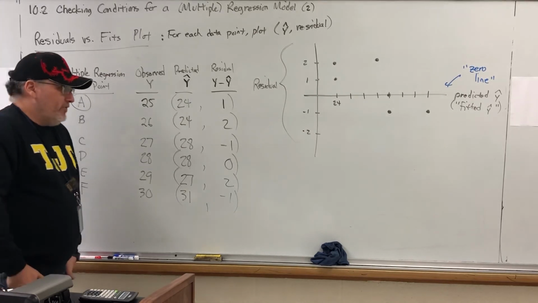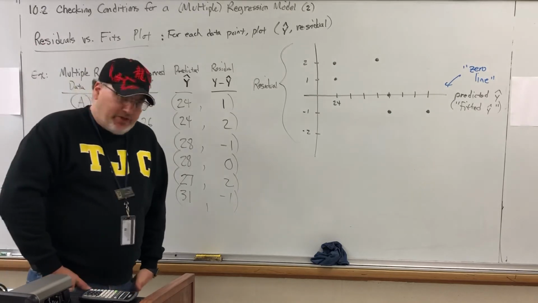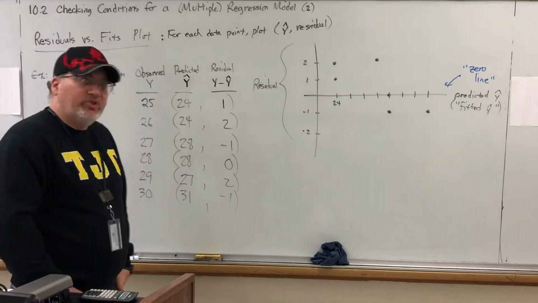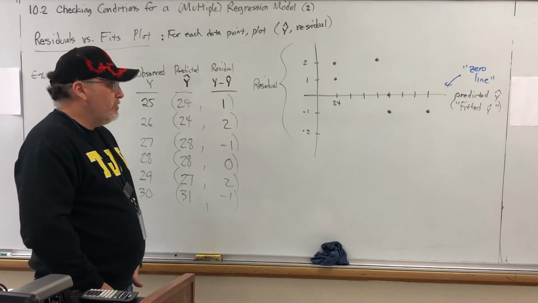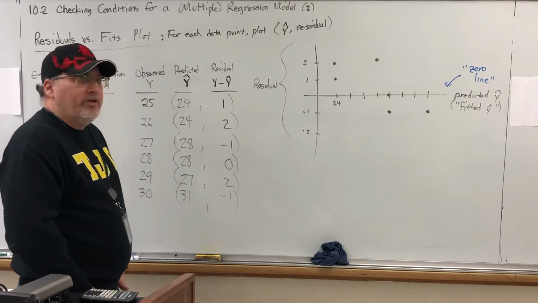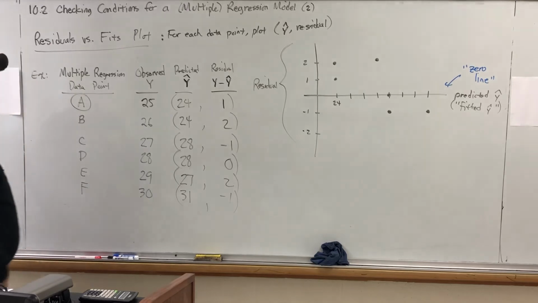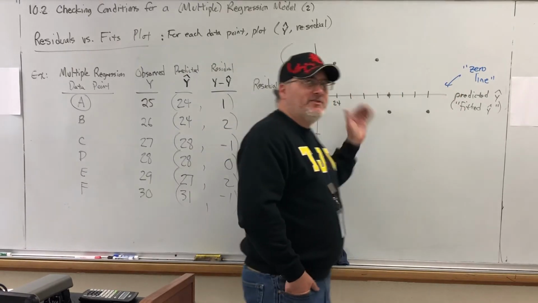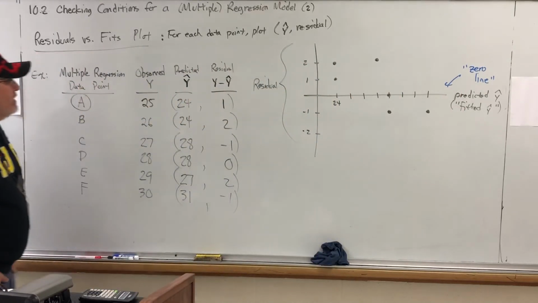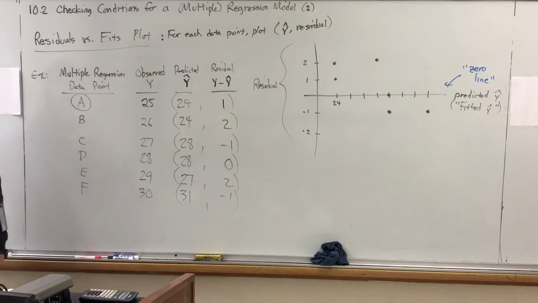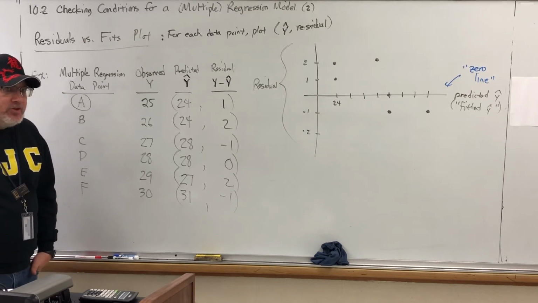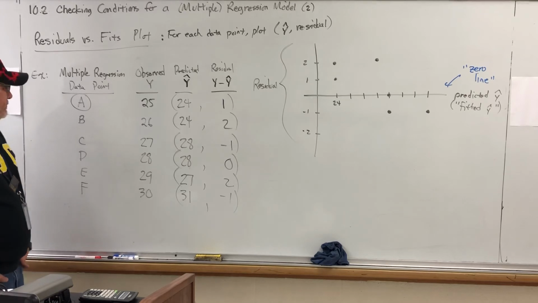You would normally never do this by hand. You would resort to technology. Excel does have a way to create a residuals versus fits plot, but I'm not going to go through the motions and show you how to do it, just letting you know it's a thing. So again, a residuals versus fitted y-hats plot is a two-dimensional representation of a multi-dimensional scatter plot.